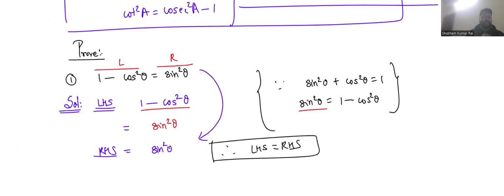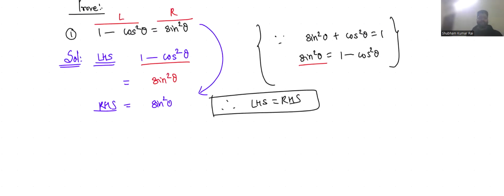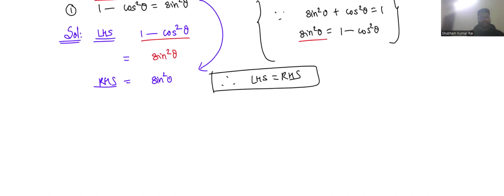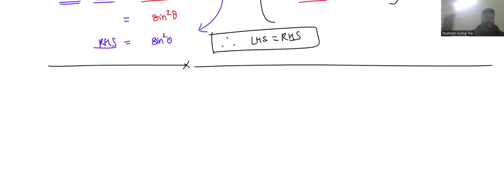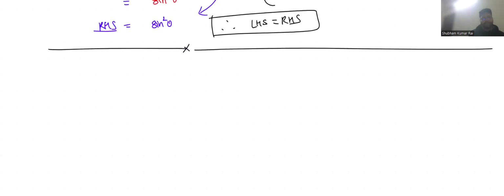Now we will increase the level of this question and solve that as well. Let us take the type 2 level of questions. Suppose the question given is 1 upon sine square theta minus cos square theta upon sine square theta is equal to 1.